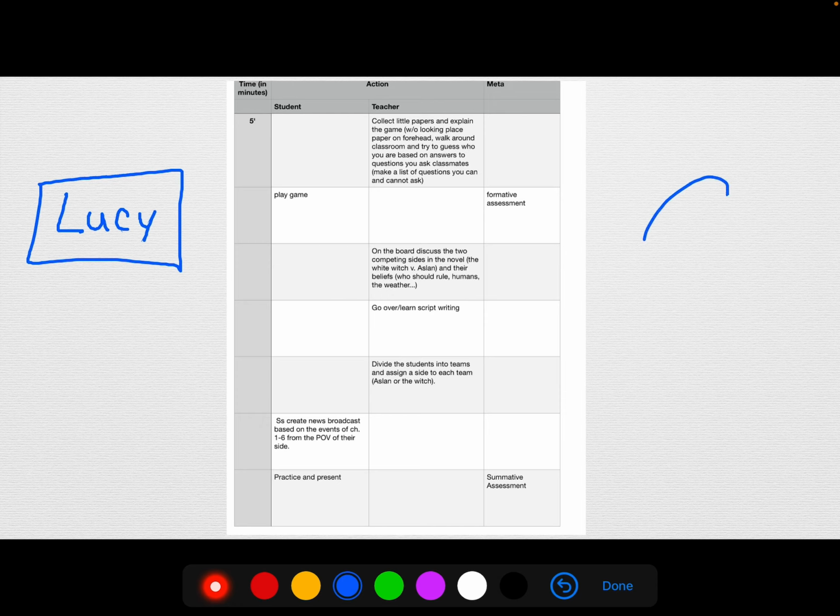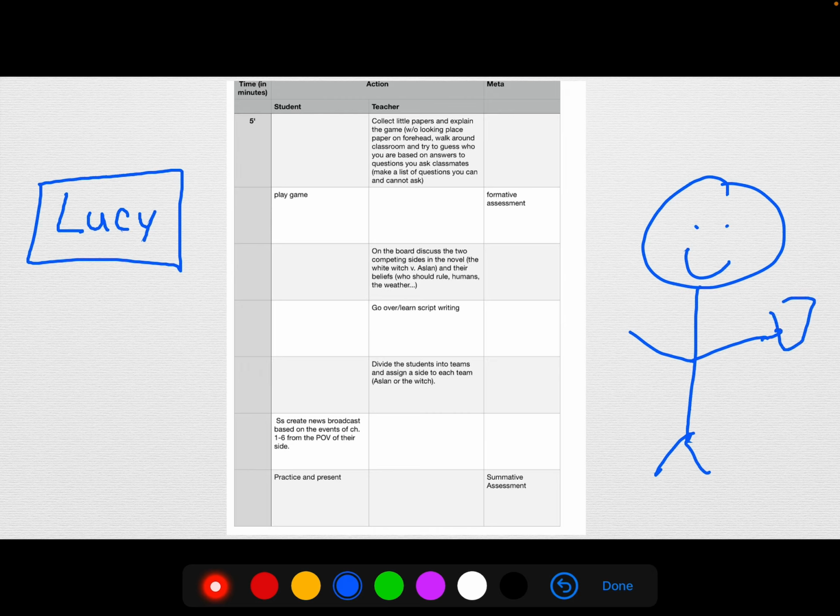So for example, this is a student and they have this little piece of paper in their hand, right? And they don't look at it. So then they put their hand up here like this, and they're walking around the classroom holding this piece of paper on their forehead, and it says Lucy.